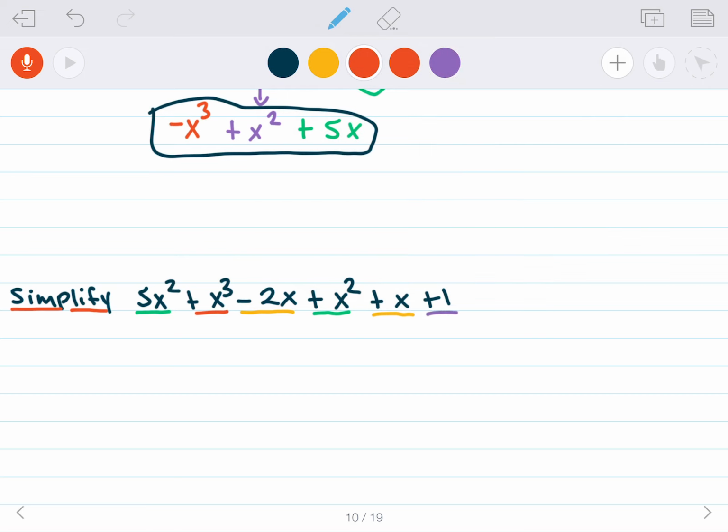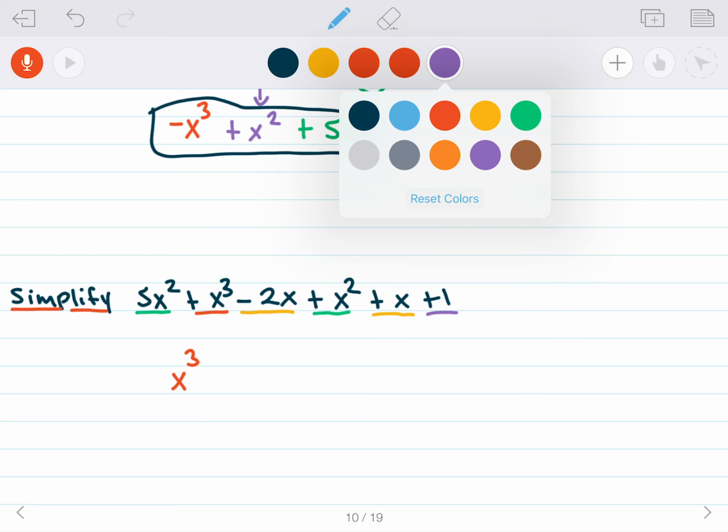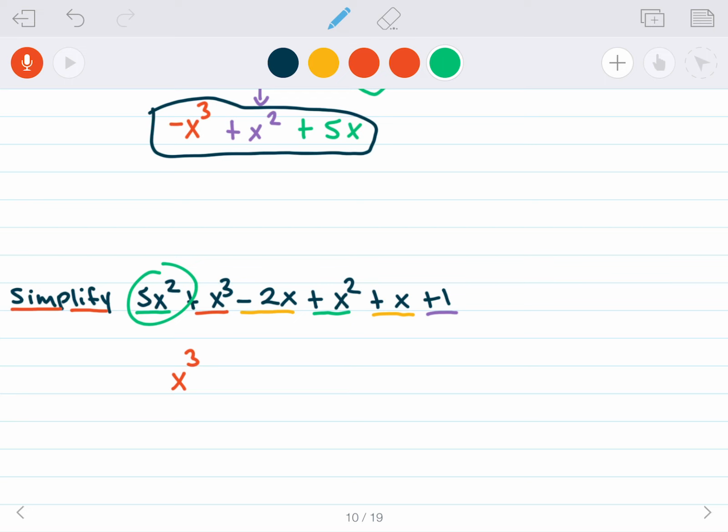So again, guys, this 5x squared is understood to be positive. That plus sign isn't written in front of it, but it is understood to be there. So this is going to be a positive 5x squared, followed by a positive x squared, followed by a negative 2x, followed by a positive x, followed by a positive 1.